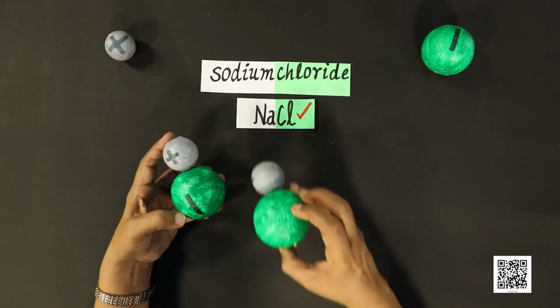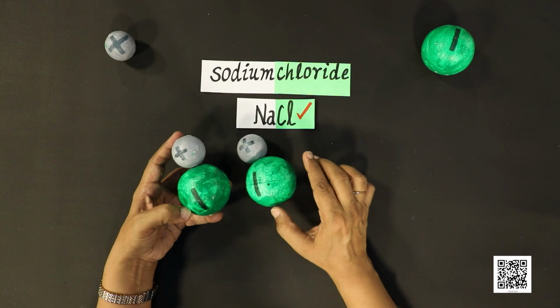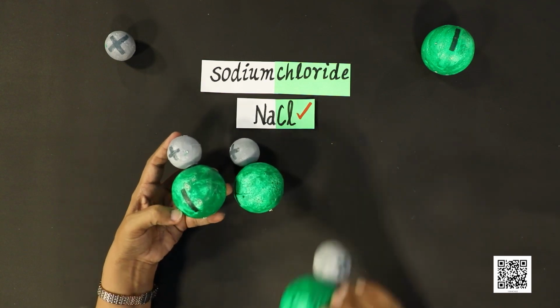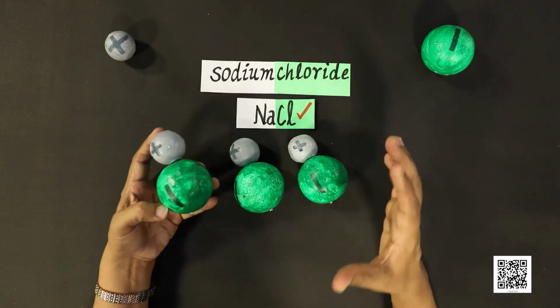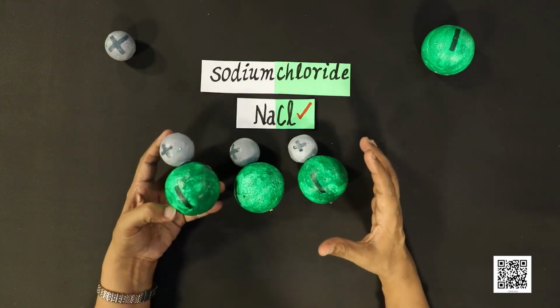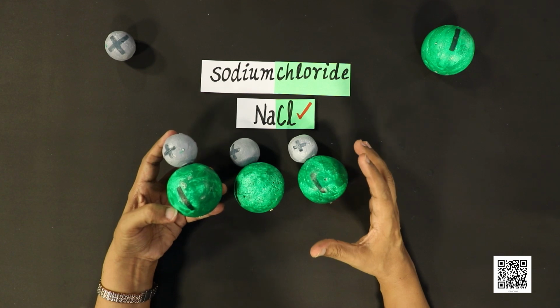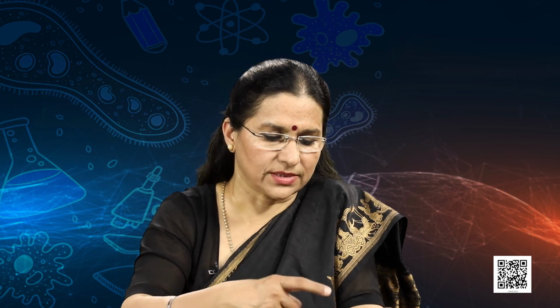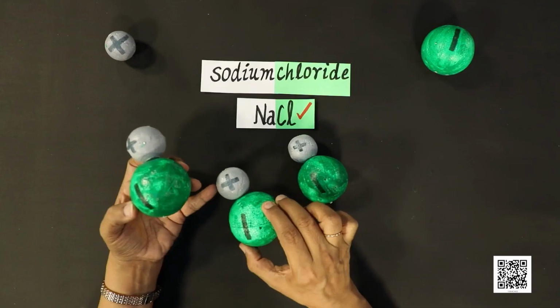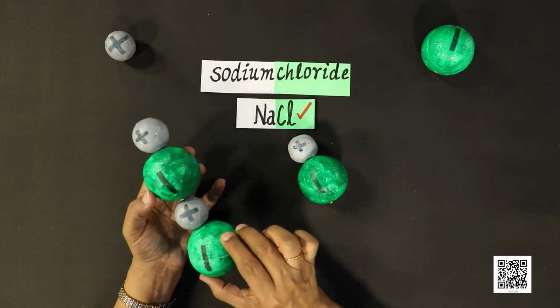See, these are attracted towards each other. Well, this is one molecule, this is another, and this is the third one. So here this is one molecule with the positive ion and the negative ion held together. This is another one, and this is the third one. So look here, chloride with negative charge will attract another unit of this molecule.